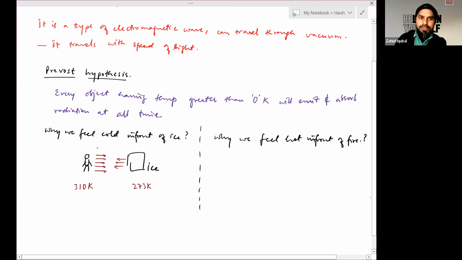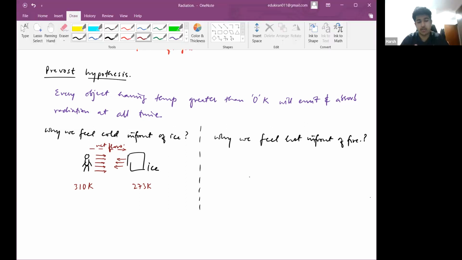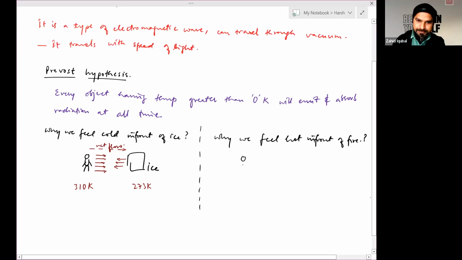So the net flow of radiation will be from the higher temperature body towards the lower temperature body. This net flow of radiation will tend to decrease our body temperature. That's why we feel cold in front of ice. Is it clear? Okay, so ice also transmits radiation to us, right? Yes.